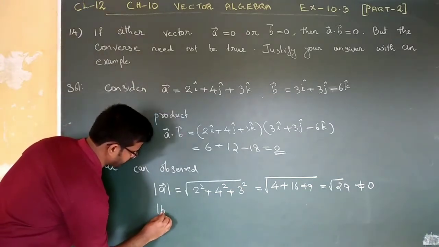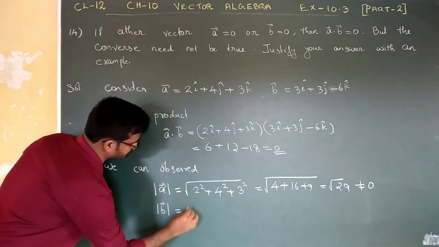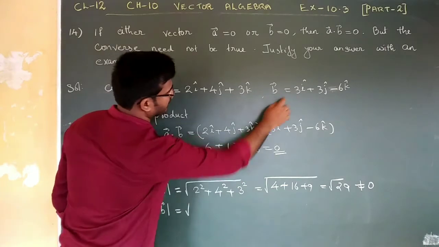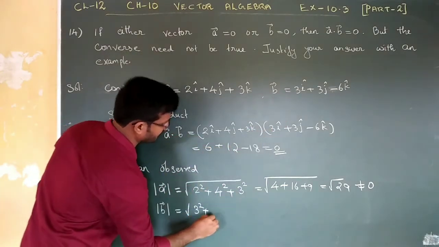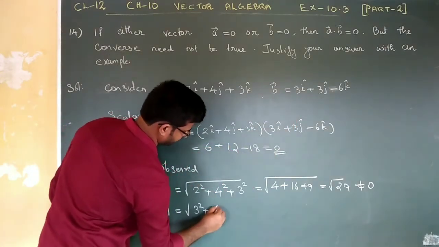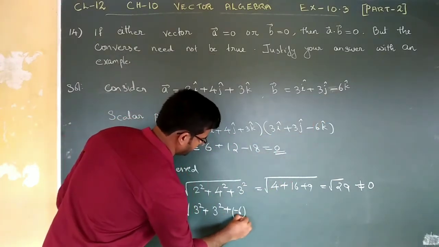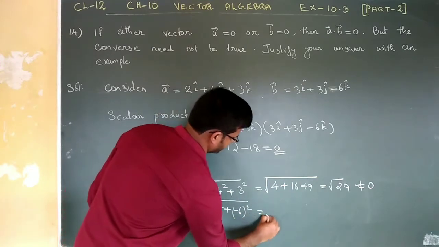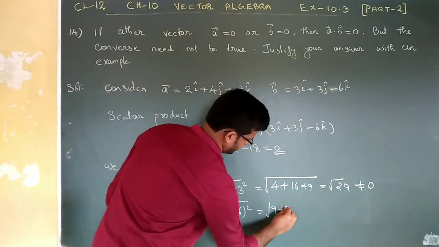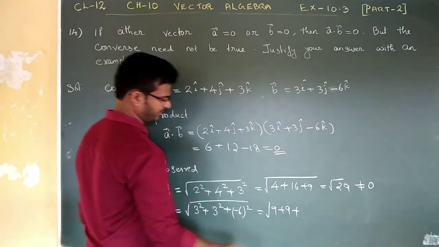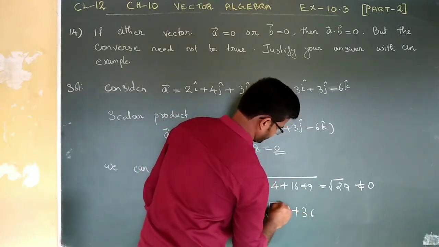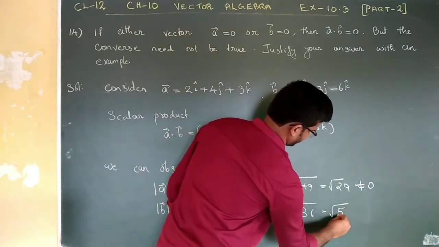Similarly for vector B, the square root of 3 squared plus 3 squared plus minus 6 whole squared, equals 9 plus 9 plus 36, that is 54.